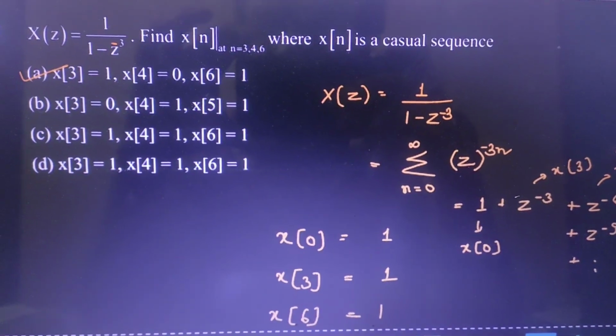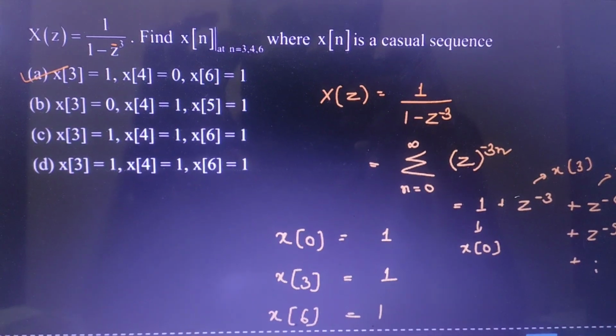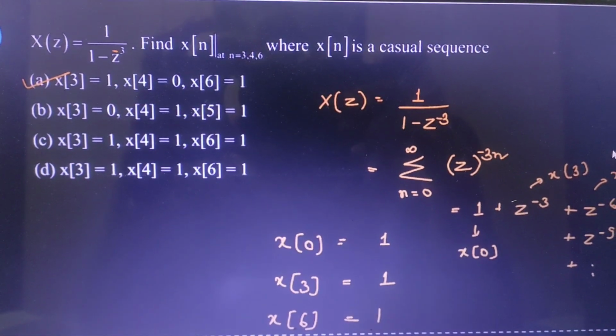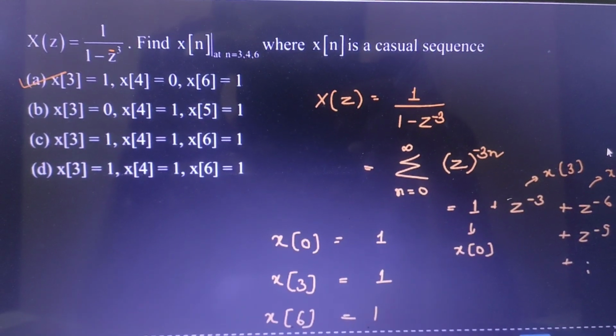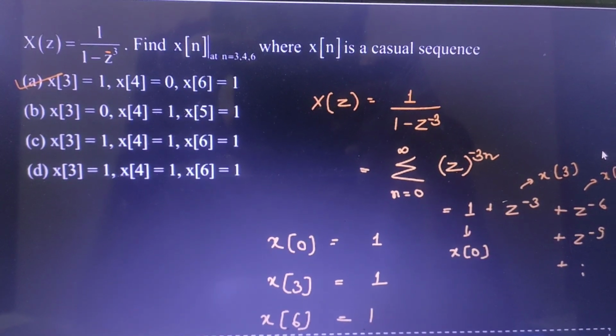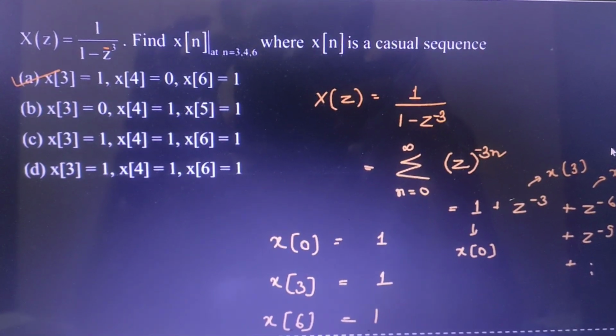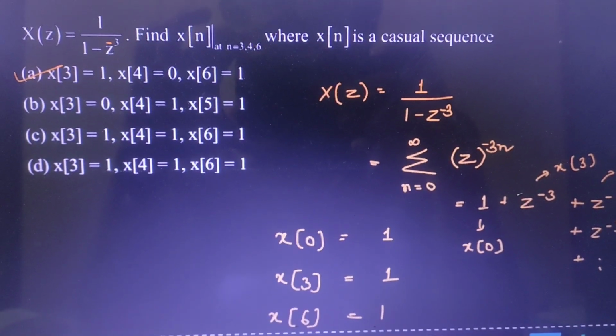So here you have to remember the main identity. If it is in the form of 1 by 1 minus a, and magnitude of a is less than 1, you can write x of z as summation n equals 0 to infinity a power n u of n.